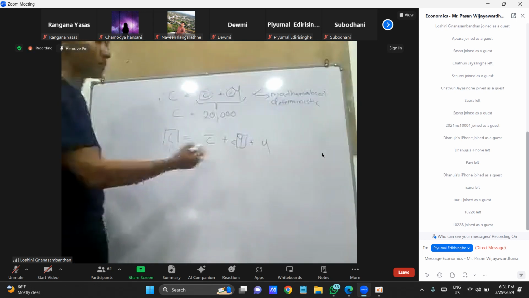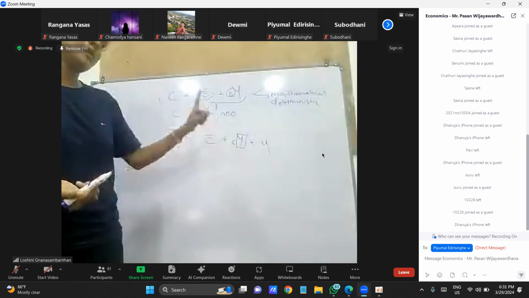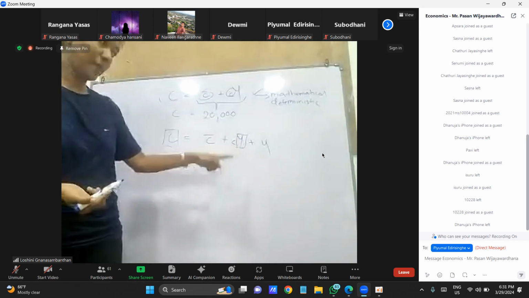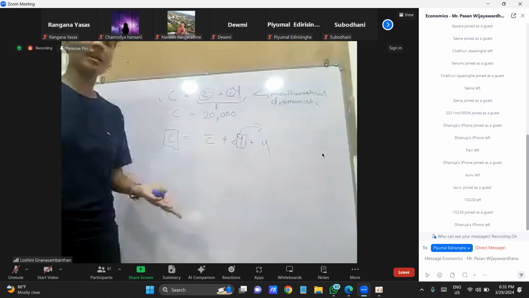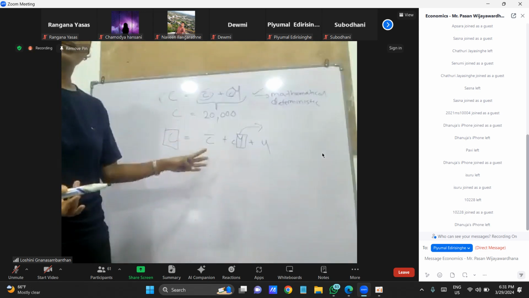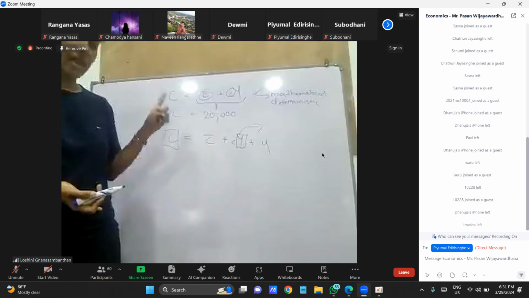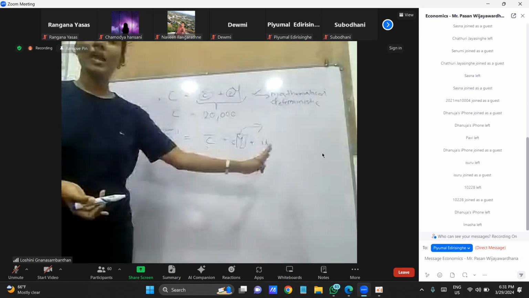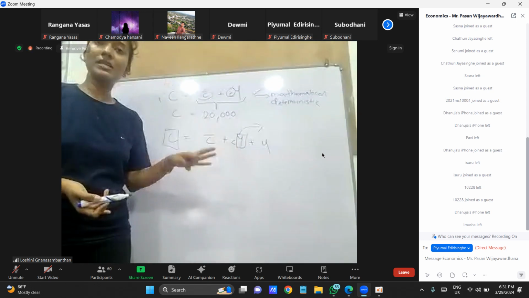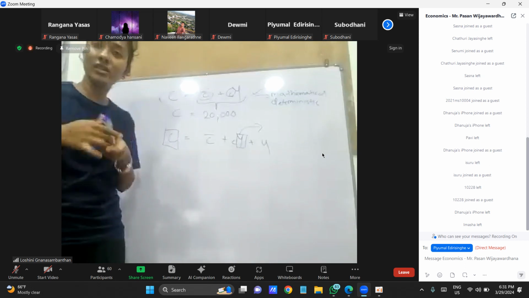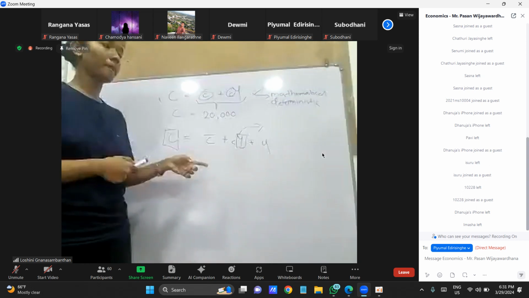Now in this example, the exogenous variable is Y. Because in this model, do we see that Y is dependent on any other thing? No. So in this particular simple model, Y is exogenous because it is not dependent on other things. But we know that income will also depend on certain things, like the profession you have, your age particularly affects your income.